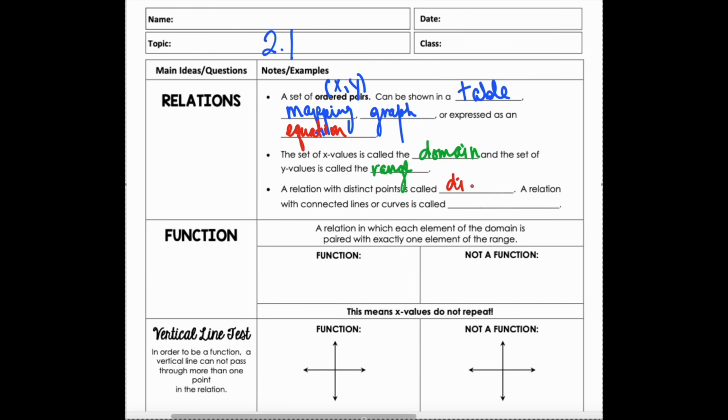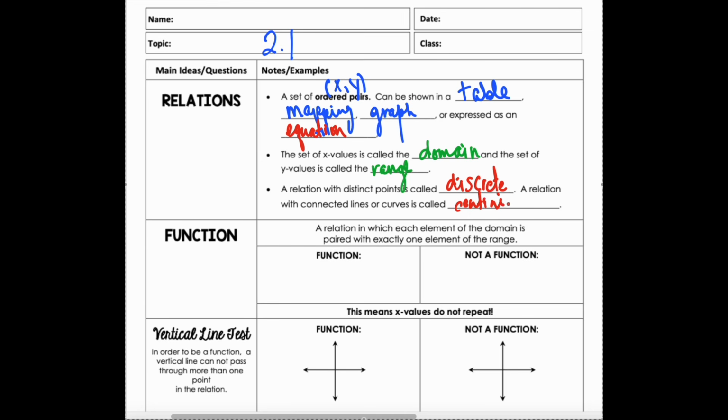Discrete is another way of saying maybe you have a graph, right? And you have a whole bunch of points all over the place, but they don't really have a rhyme or reason. That would be an example of a discrete graph, okay? But when we have the other option, a relation that's connected by lines and curves, those are often called continuous, okay?